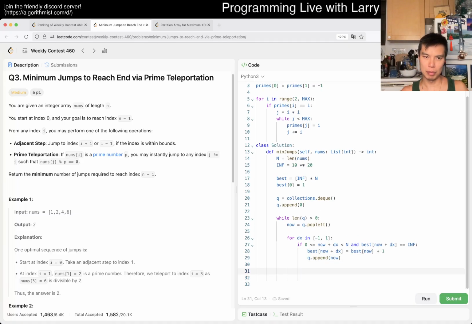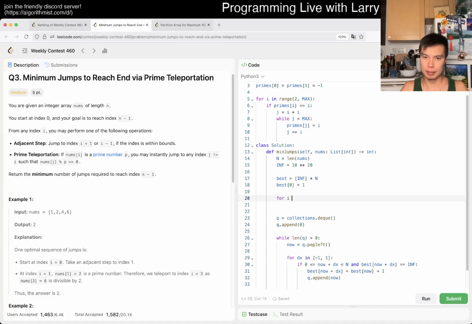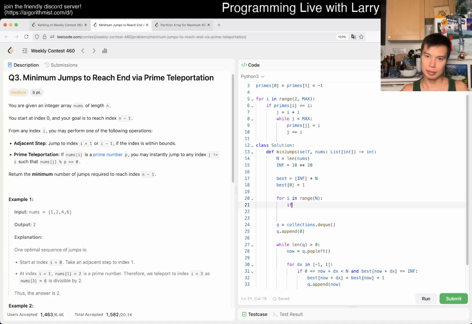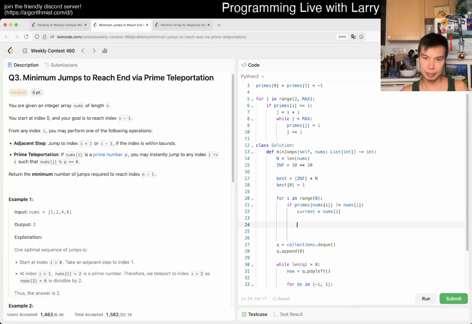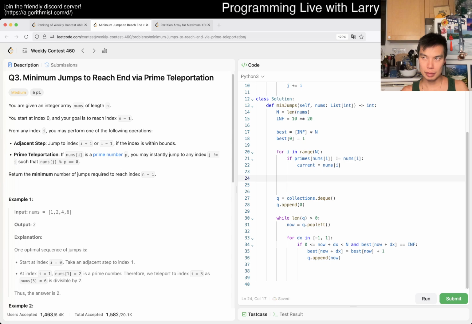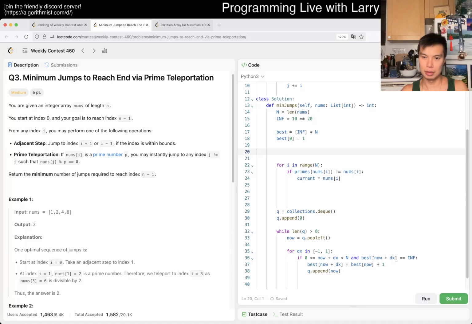Okay, and then now we have to do the prime jump thing, right? We should probably pre-process the other way. Okay, fine, yeah. If it's not a prime, then start at the number. The two things we have to do.